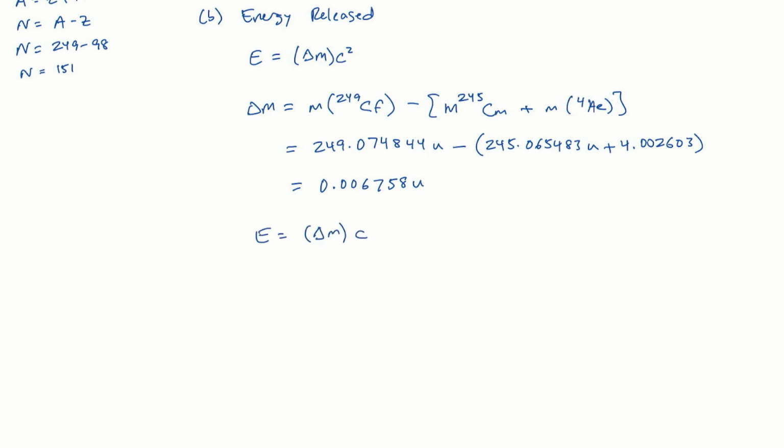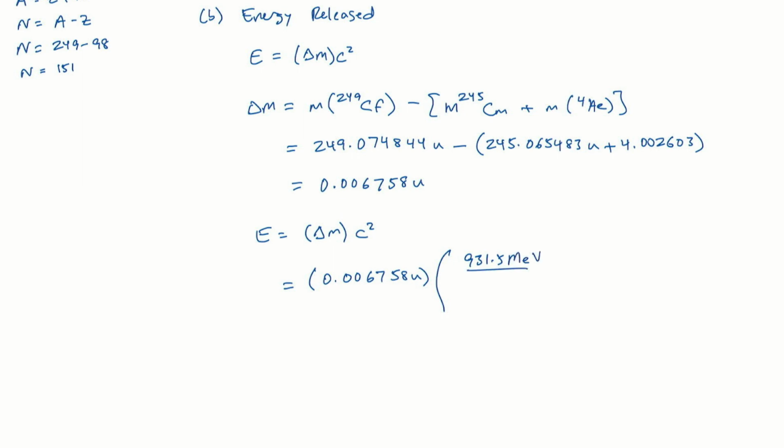Okay, and so E is the mass defect times c squared. Our mass defect is 0.006758 u. And now we have a conversion factor, and it is 931.5 mega electron volts per c squared per u.